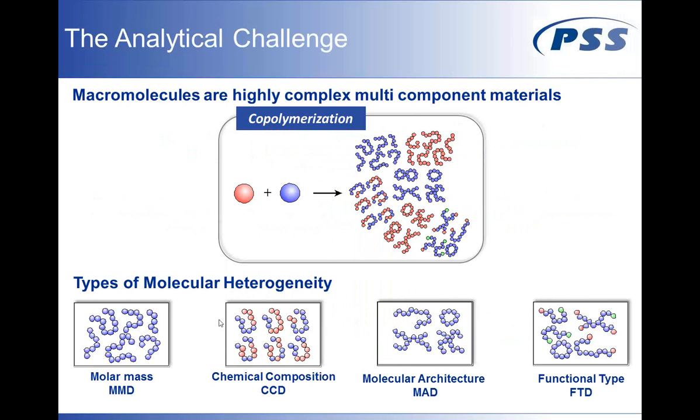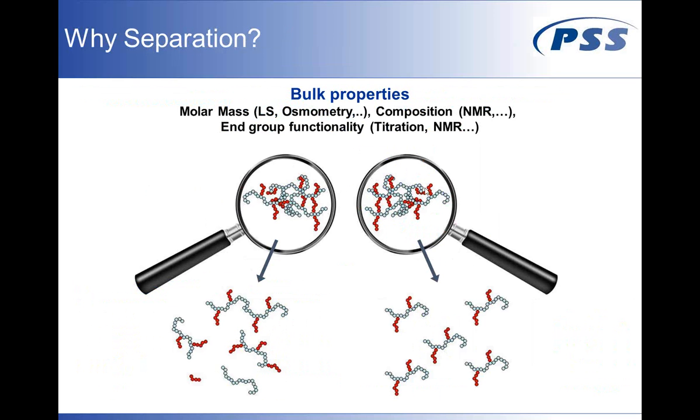All these heterogeneities, all these distributions will influence the application properties of your polymer, and therefore it is very important to understand what the molecules look like. What is shown here is a mixture of two different samples, and at first glimpse both samples look absolutely identical.